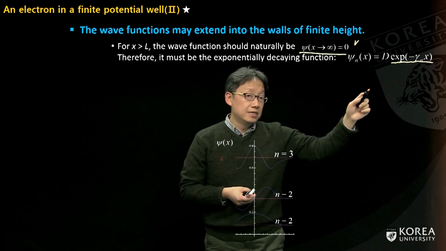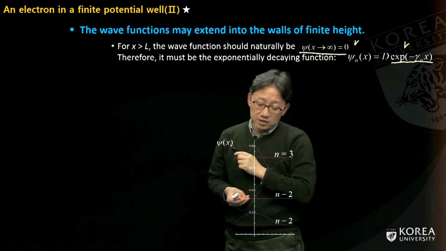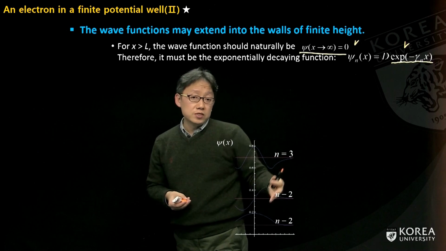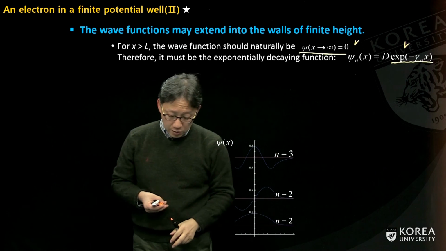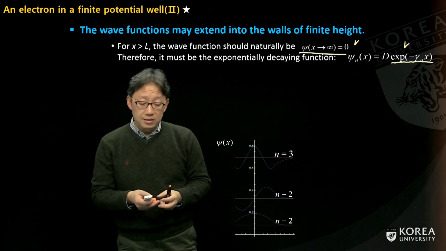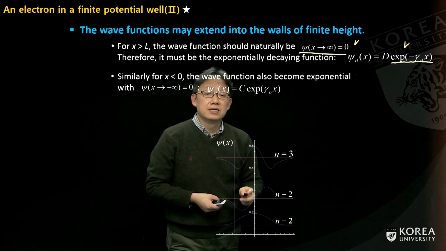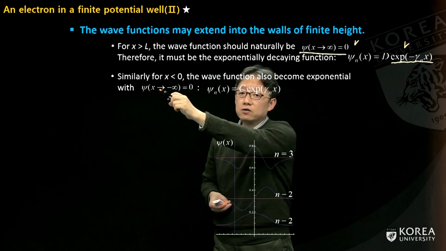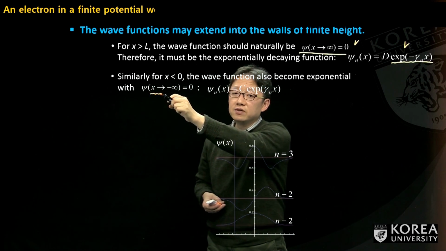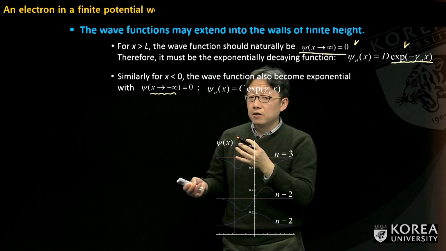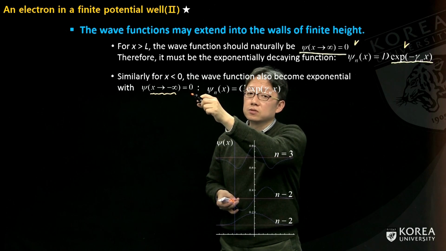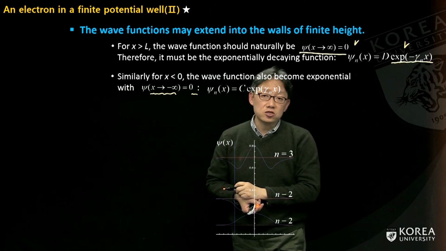So in this case, the solution will have this form, and this part corresponds to the right side of the finite potential well. Then how about the left side? In the case of the left side, if you go to negative infinity of x, again, there should be no electron, so the solution again has to become 0.